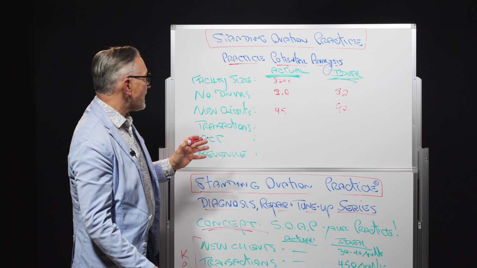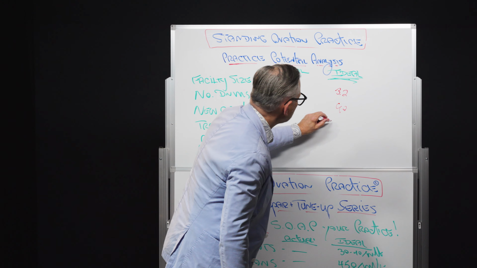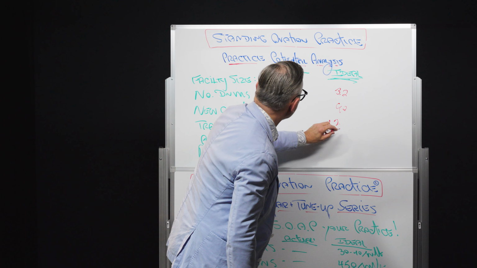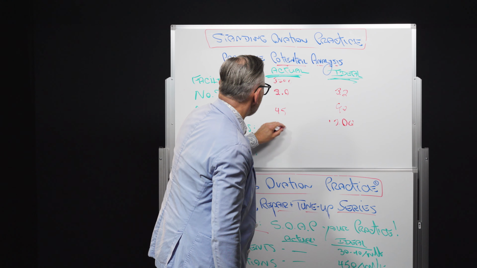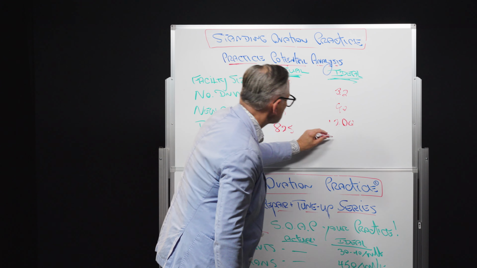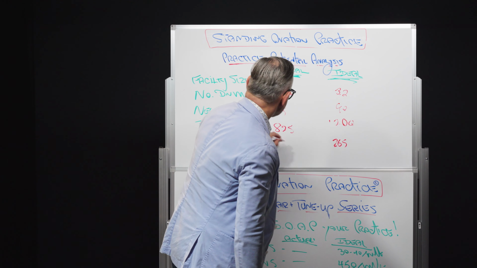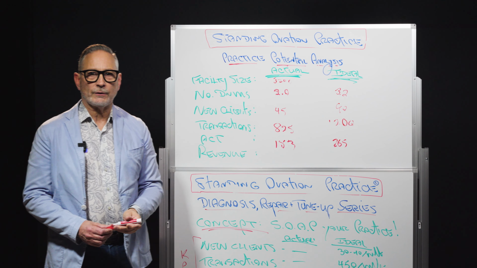Let's say your transactions should ideally be about 1,200 a month. I'm taking a bit of a guess on that one. Let's say you're coming in at 825. There's a deficiency there. Let's say your ACT should be 265, but you're coming in at 183. You can see there are deficiencies showing up.